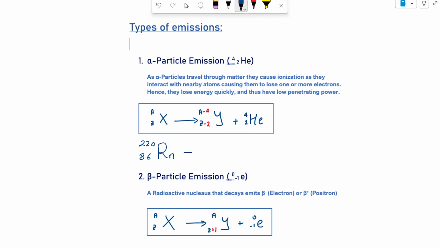Now, radon decays to produce polonium and an alpha particle, which is just the nucleus of a helium atom, so 4/2 helium. Now, to calculate the values for polonium, we simply need to subtract 4 and 2 from 220 and 86.